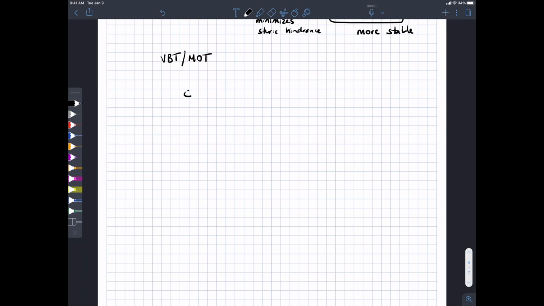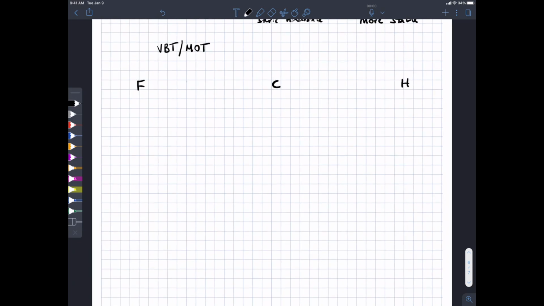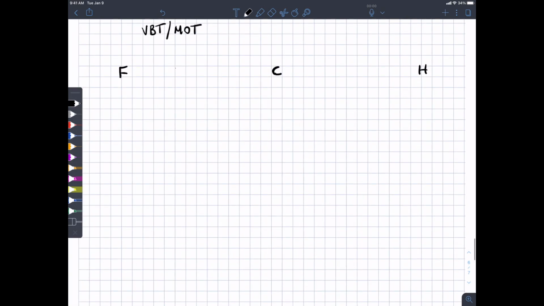So here we'll have carbon, and let's maybe put carbon in the middle. We'll have hydrogen over here and fluorine here. Let's just say that the orbital that contributes to a sigma bond on carbon is an sp3 orbital, and an orbital that contributes to the sigma bond on hydrogen is a 1s orbital.